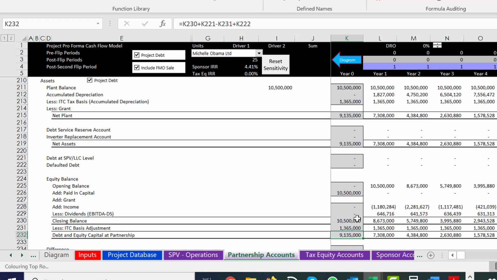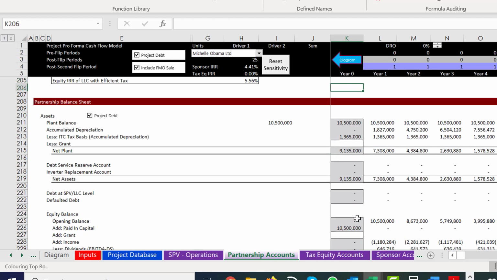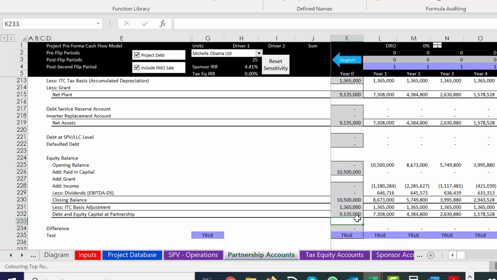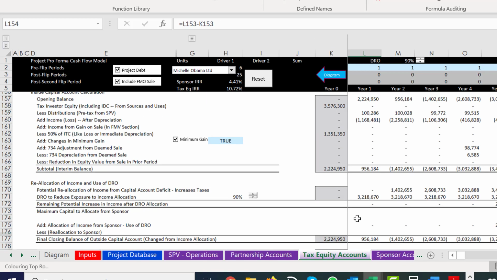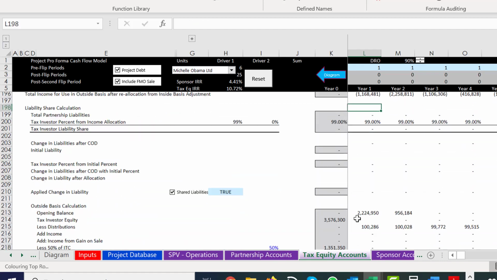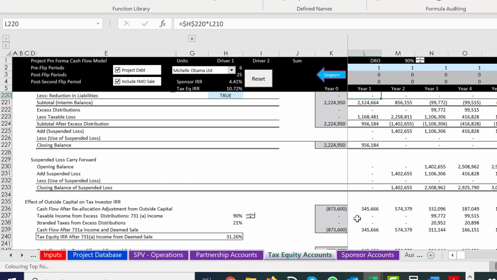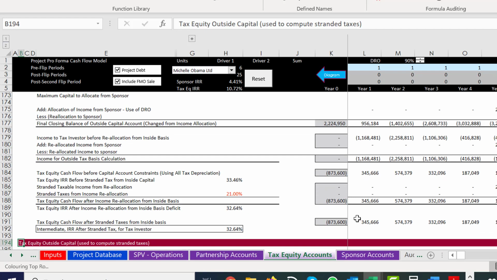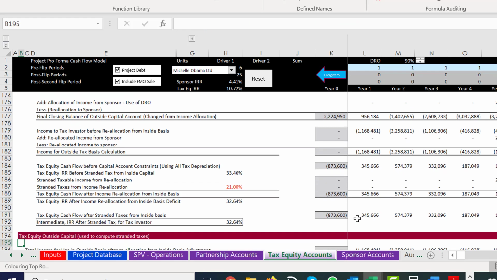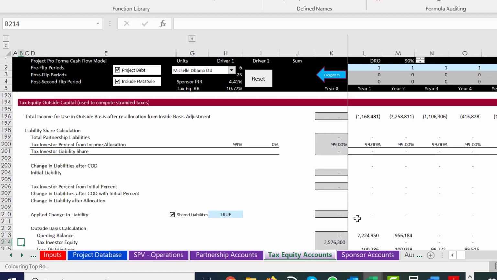Here's the balance sheet. The reason for this balance sheet is that pretty quickly we're going to go to the tax equity accounts, which we'll have to clean up, and the sponsor accounts. On the tax equity accounts, let's go over to column B, and we'll compute this thing called the outside capital.